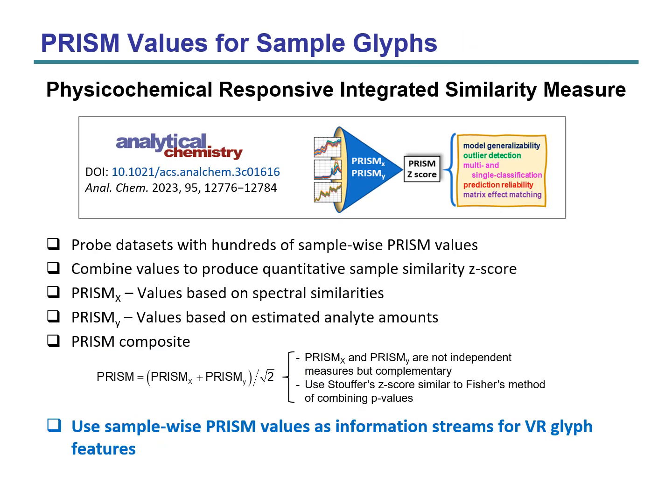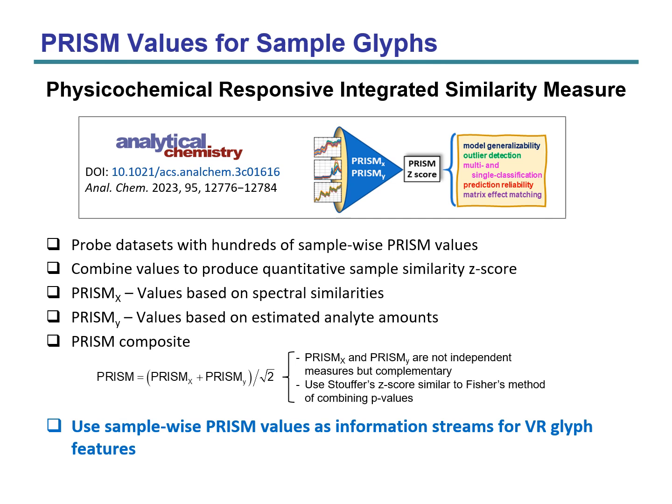In order to represent our samples or objects in virtual reality, we need to create what are called sample glyphs. We're going to use these physicochemical responsive integrated similarity measures, or PRISM, that we created. We create hundreds of these measures, and they're sample-wise, so every sample will have hundreds of PRISM values that we can correlate to the features on our glyphs.